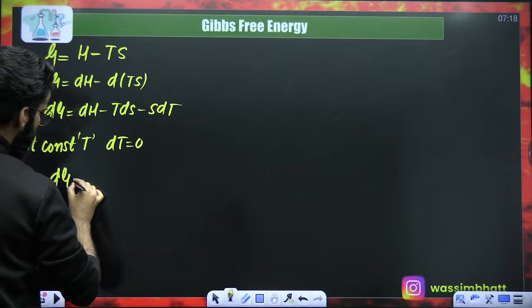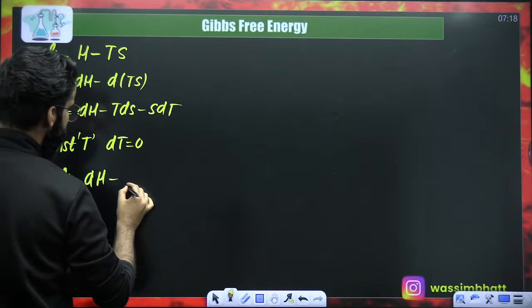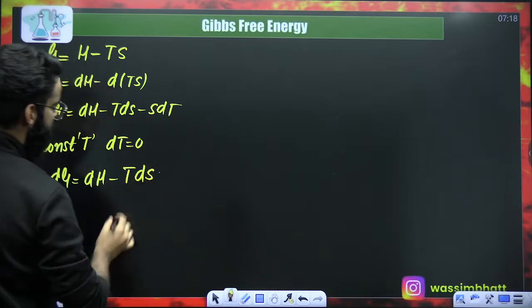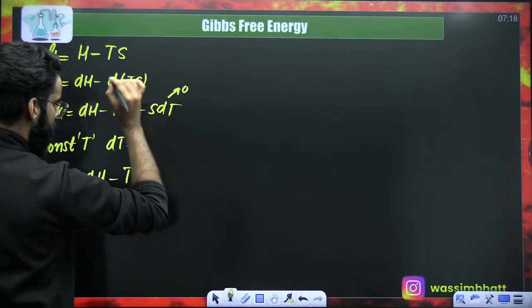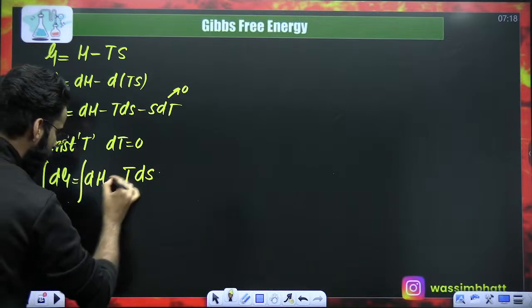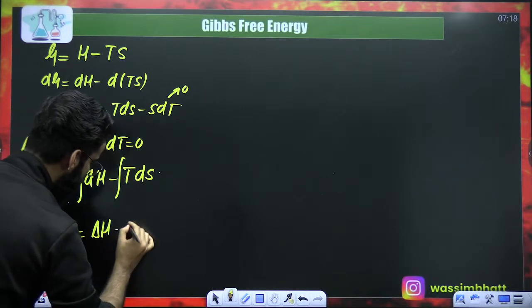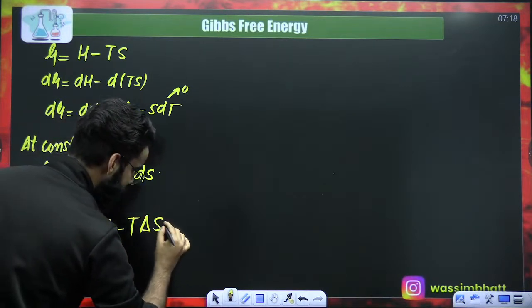So dG has to be equal to dH minus TdS, because dT is 0, so this term becomes 0. Perfect. So just integrate all. If you integrate all, it becomes delta G is equal to delta H minus T delta S.